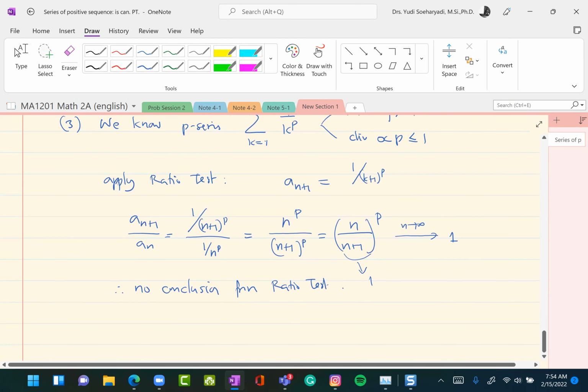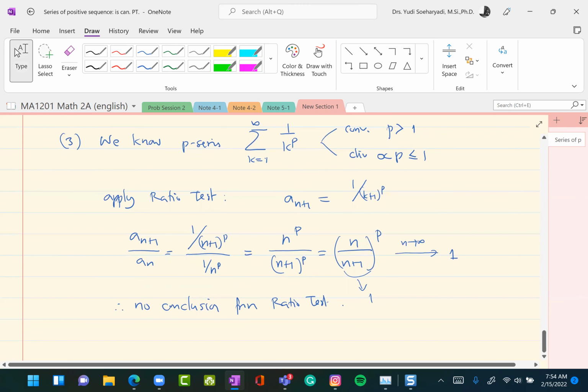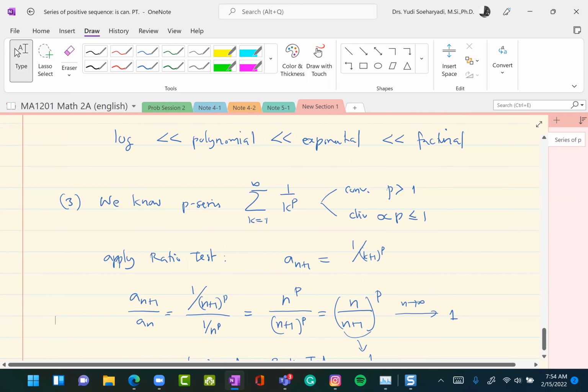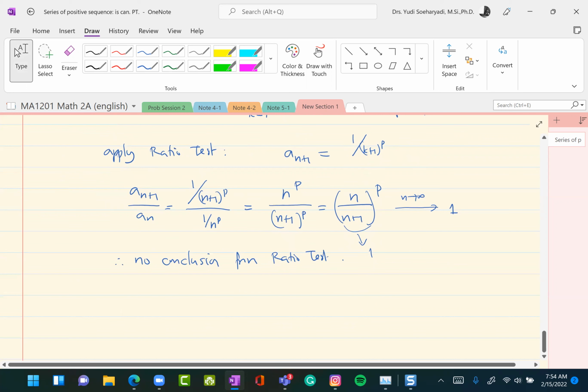So this is the drawback of the ratio test: you have a kind of hole when you don't have any conclusion from the test, and then you need to check with another test. Okay, questions?